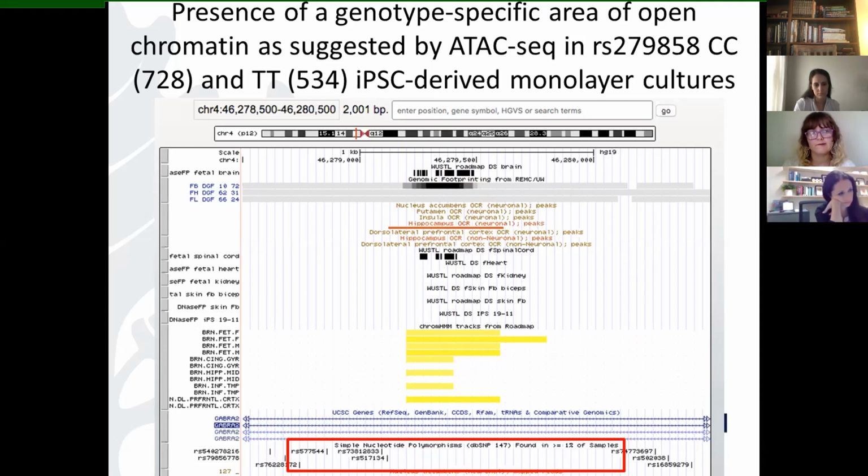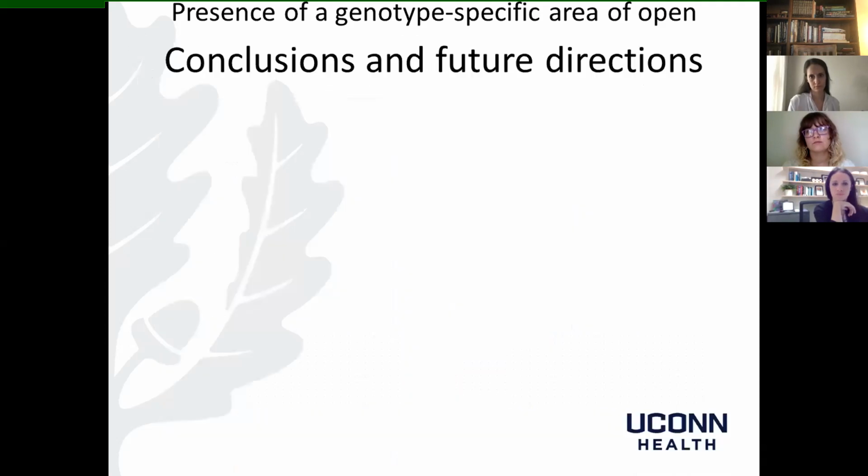And I'm in the process of differentiating those into neurons to subsequently assay via ATAC-seq to see if deleting this region alters chromatin accessibility, and subsequently we'll measure gene expression to see if the loss of this region alters gene expression of the genes in the chromosome 4p12 cluster.